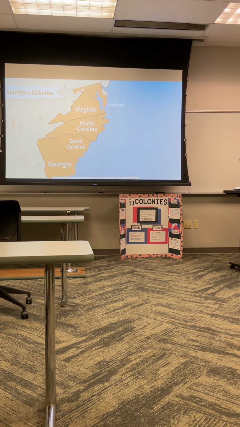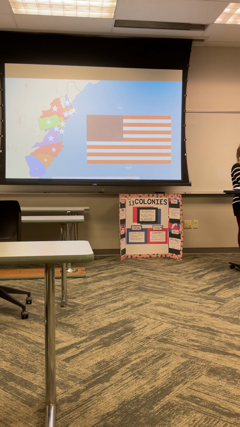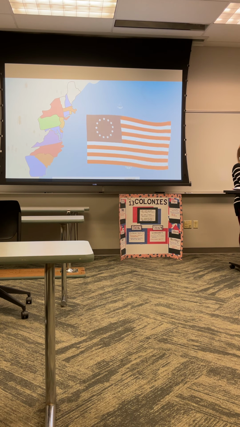People in the Southern colonies made money from cash crops, such as rice and cotton. Cash crops were grown for the purpose of selling. After the Revolutionary War, colonies started to become states. This would give them independence from Great Britain to start a new government.